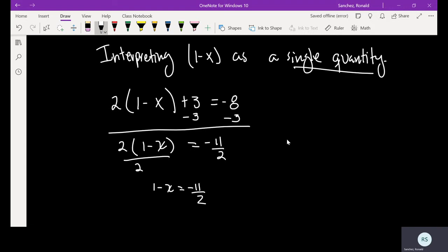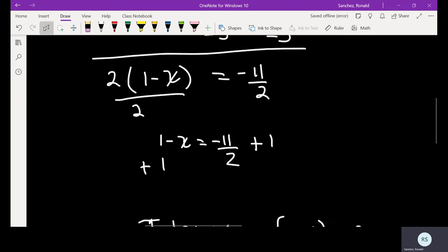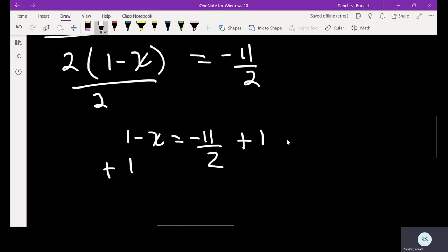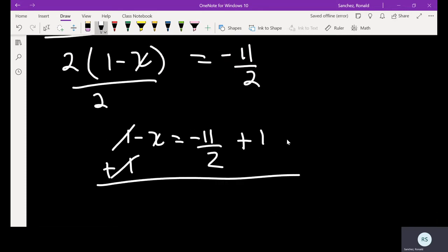Well, what can I do now? I can add 1 on both sides. Oh, sorry, I'm not supposed to add, I'm supposed to subtract. I almost made a mistake there. So -1, -1.